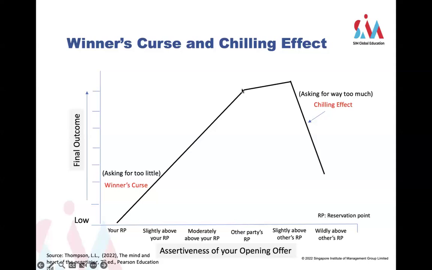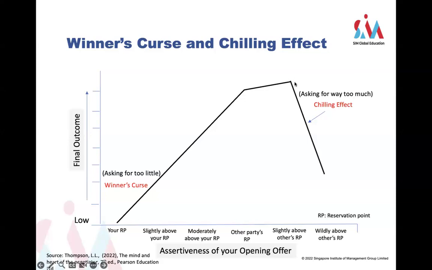However, sometimes you can push for a little bit more, whereby you can go up to this highest point that is slightly above the other party's reservation point. Maybe in certain scenarios, they are in need of money, and they are willing to let go of their product at slightly above their reservation point.